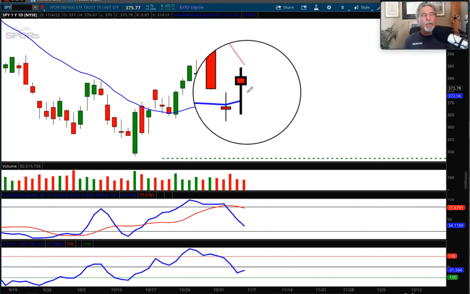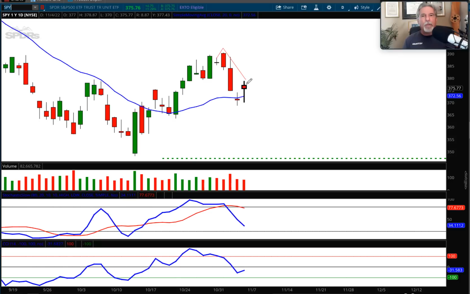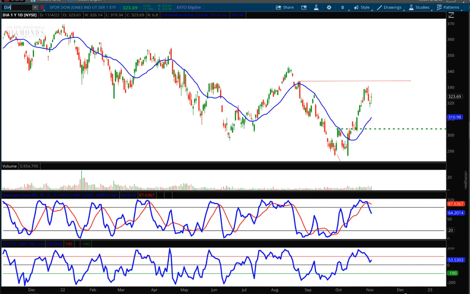Now, that too has a long shadow under that hammer candle right there, and that tends to be bullish. So I think next week we're going to see a slight rally into Monday, Tuesday, election day, and then I think we're going to turn right back down and take out the lows from Thursday right here. So my downside target for the end of next week is going to be 366.47.